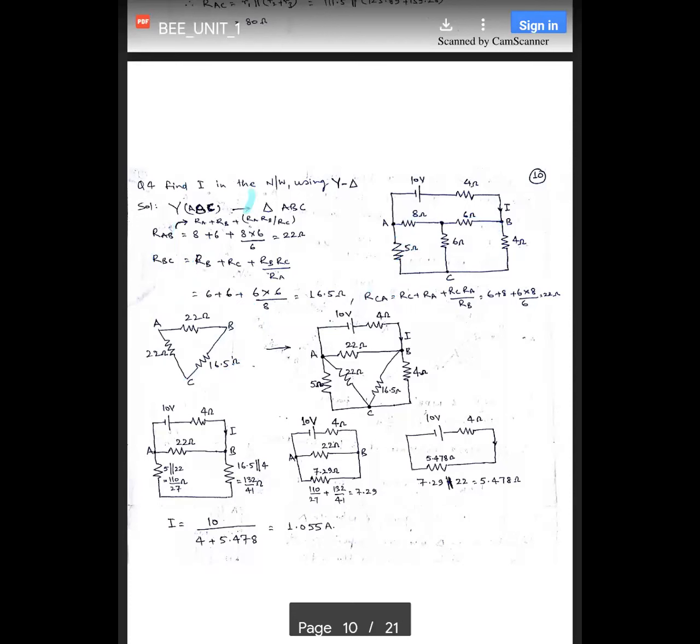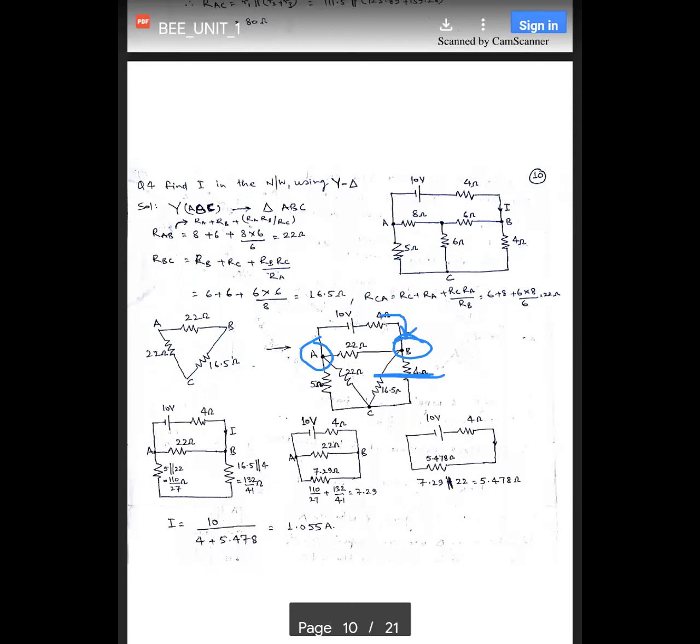So now this is the revised circuit. If we focus on these two nodes, we can see that the current flowing from here is coming here, so these two are in parallel.